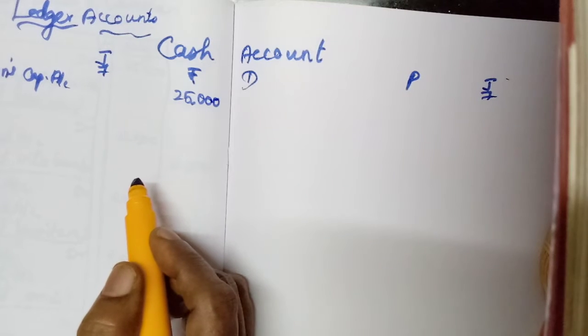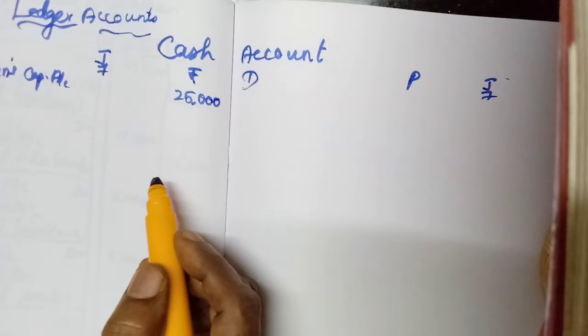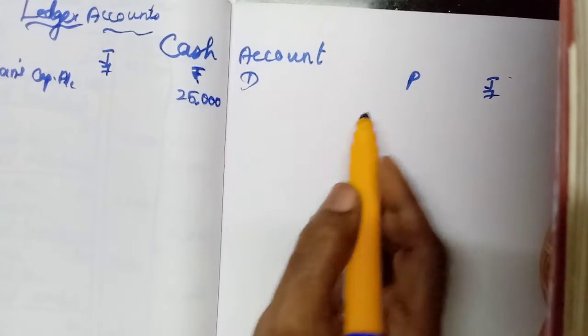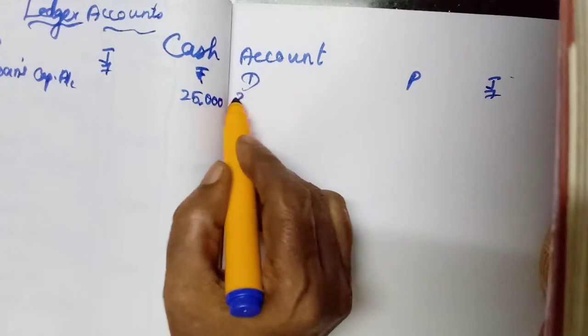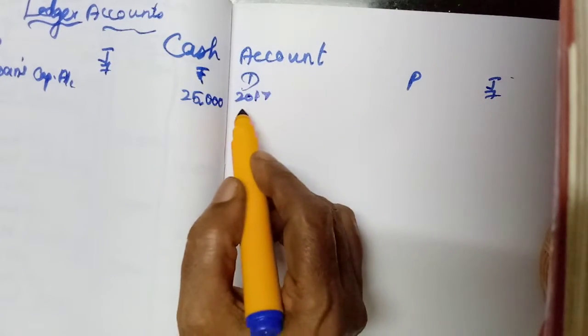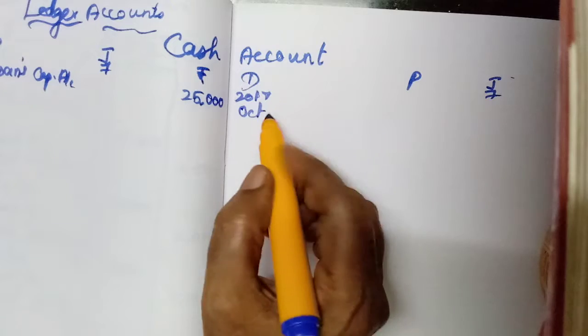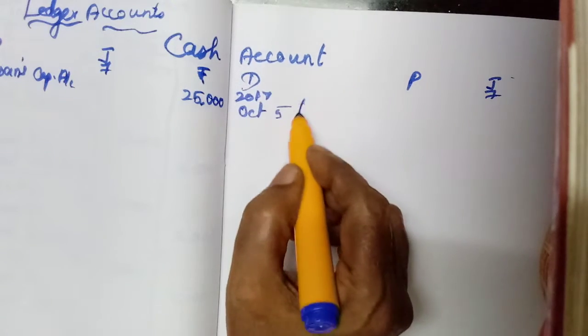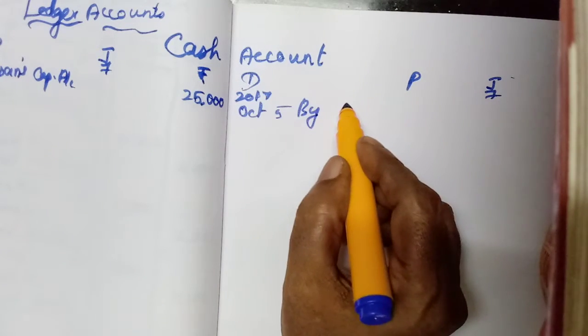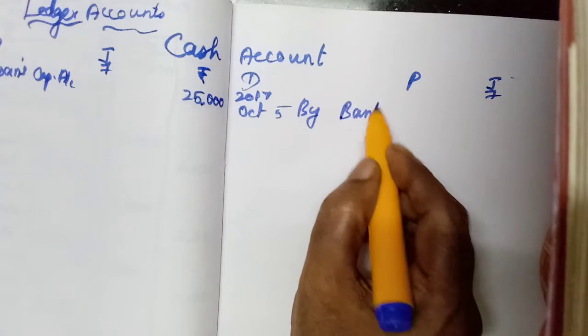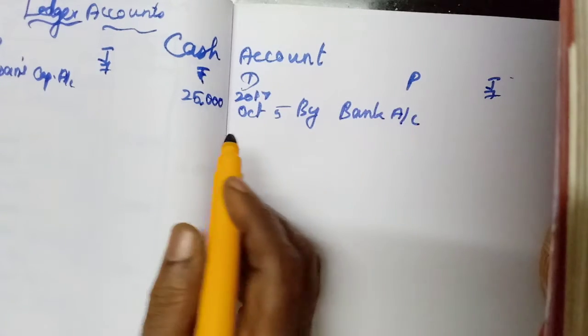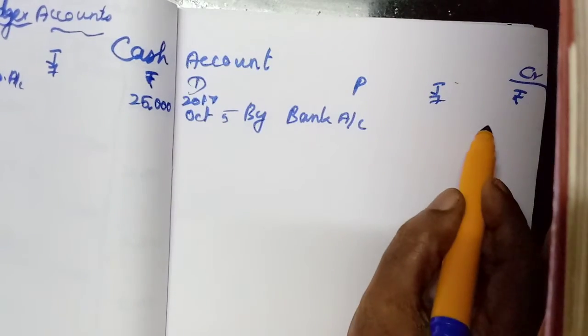Then the second one, deposited into bank. There cash is credited, so we have to post on the credit side. So write the date, 5. By bank account, amount 12,500.